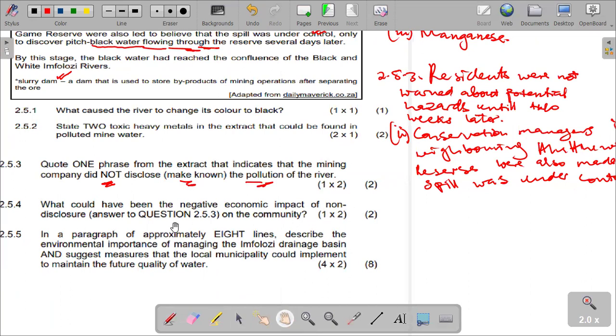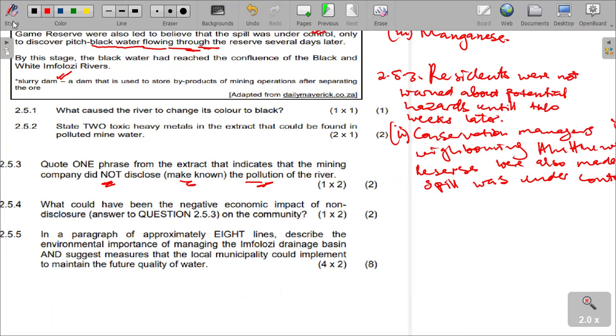What could have been 2.5.4, what could have been the negative economic impact of non-disclosure on the community? This scenario of not communicating to the community, what could have been the negative economic impact of this non-disclosure?